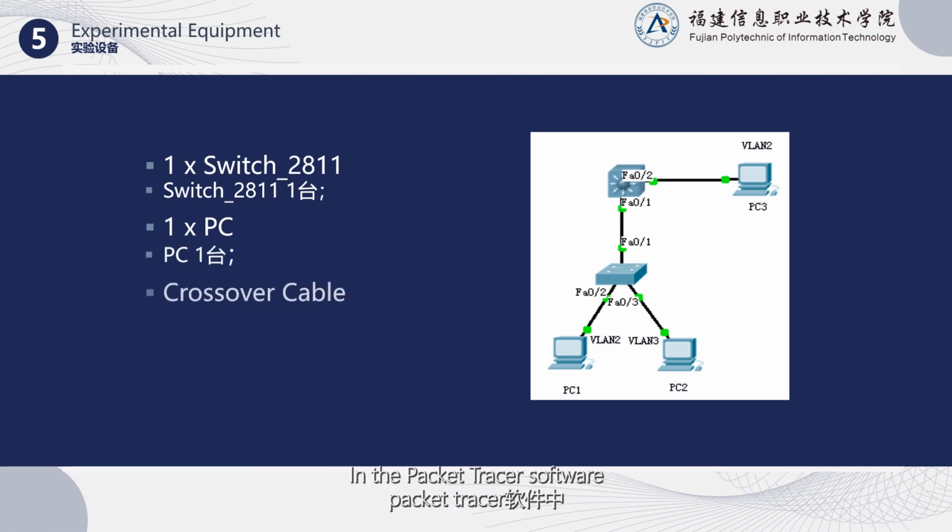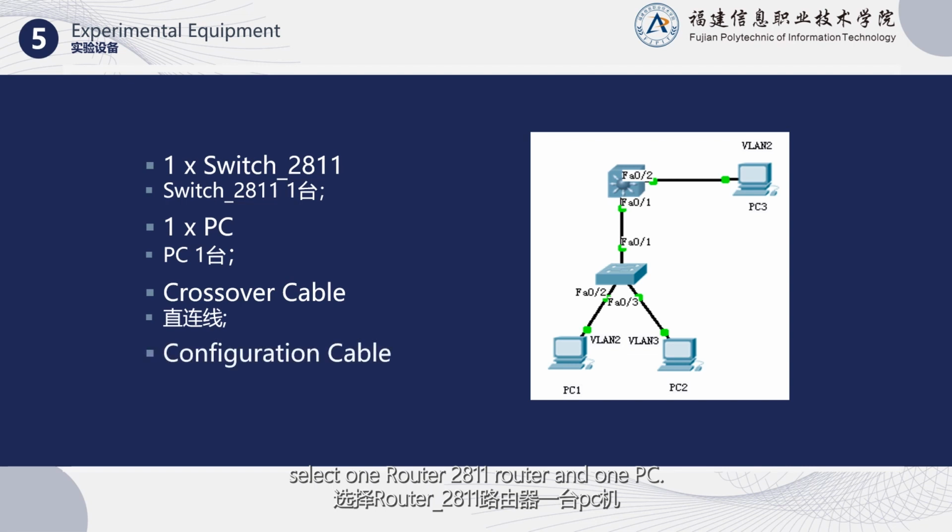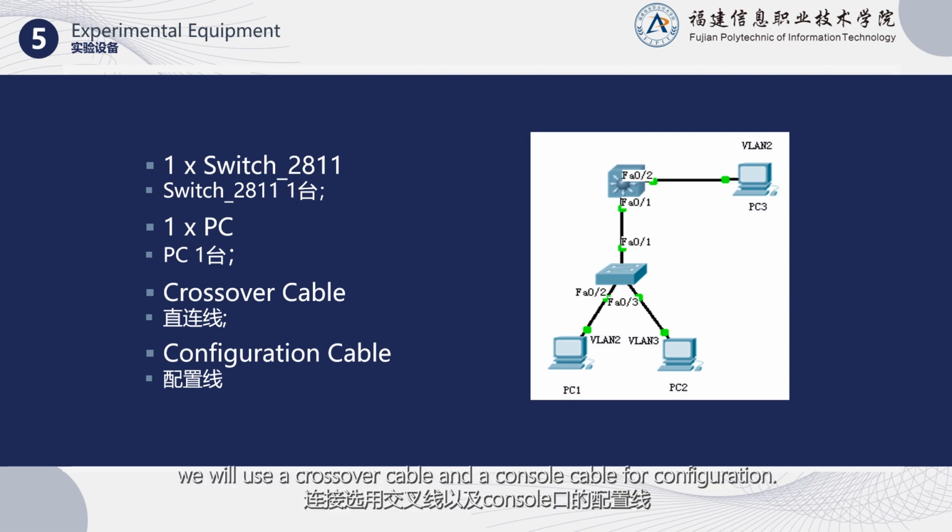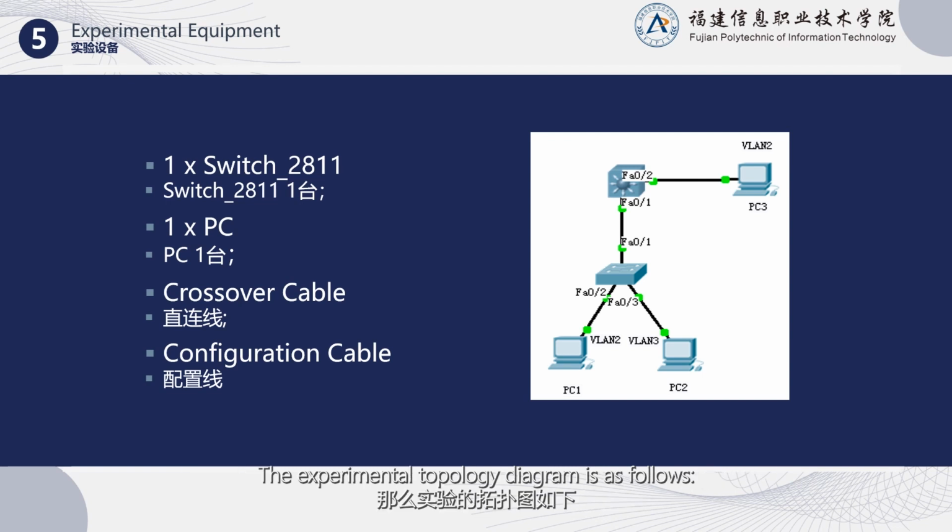In the Packet Tracer software, select one 2811 router and one PC. To connect the router and PC, we will use a crossover cable and a console cable for configuration. The experimental topology diagram is as follows.